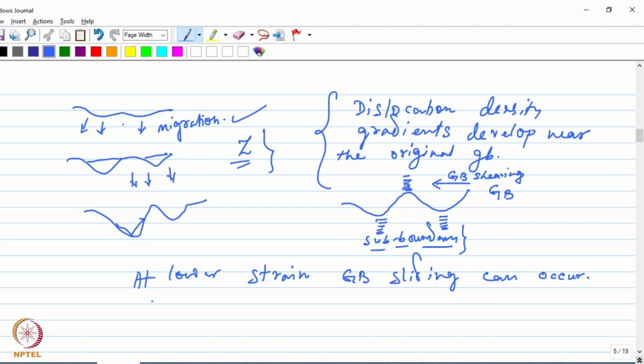And as the serrations develop, this will prevent further sliding of the grain boundaries, leading to development of additional strain gradients and thus further increasing the driving force for recrystallization.